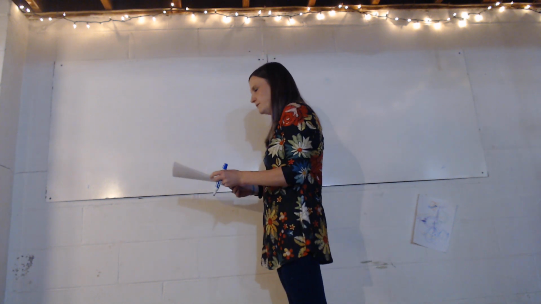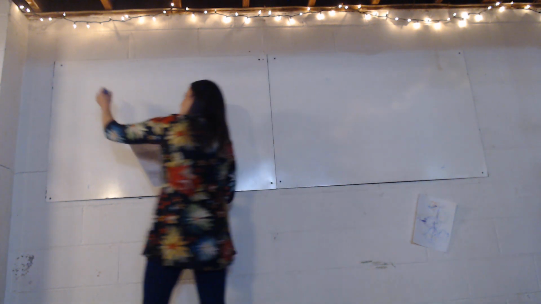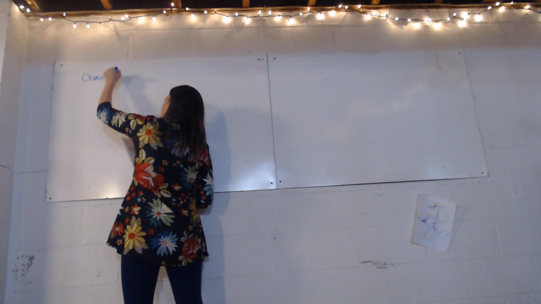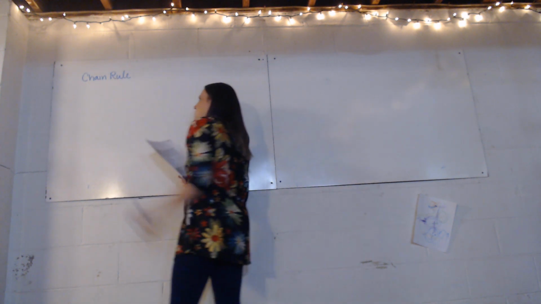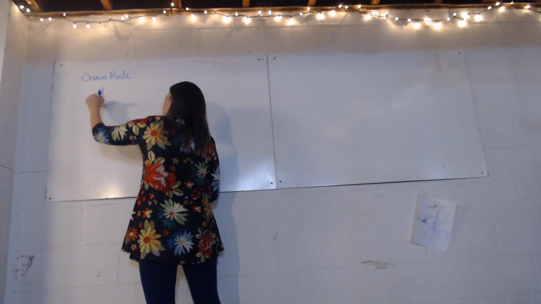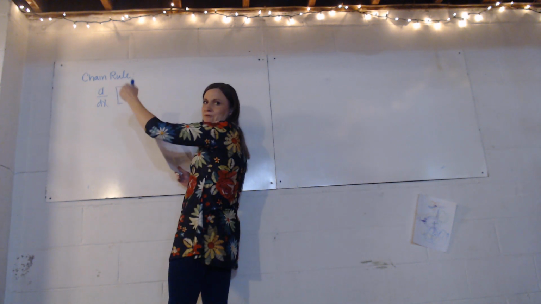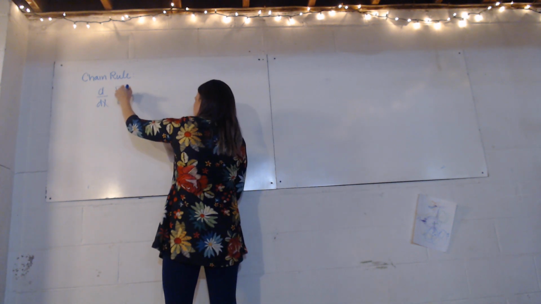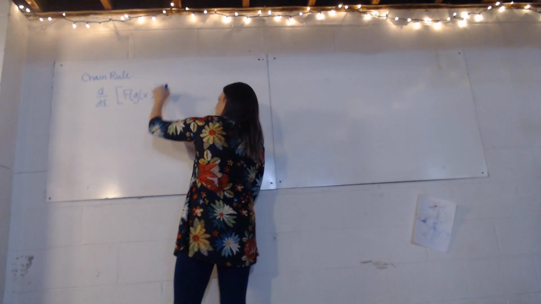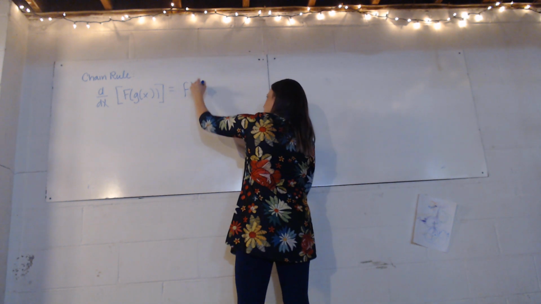But this is kind of like doing the opposite of the chain rule. So when you learn the chain rule, I know you reviewed this with me. I didn't teach it to you originally, but when you learn the chain rule to take a derivative, you find the derivative of a sort of multi-layered function. I'm probably not using the correct math terms, but to find the derivative of a function like f of g of x, this would be equal to the derivative of the f function.